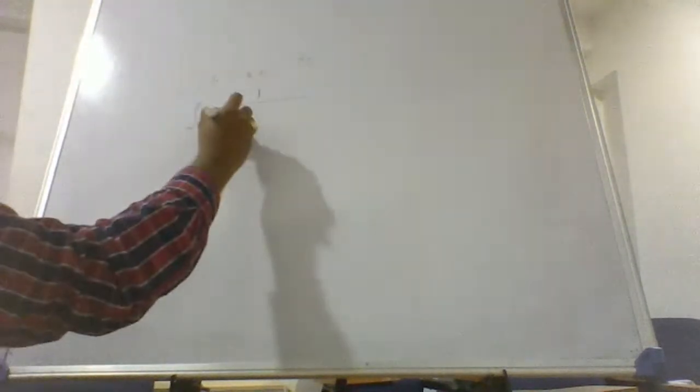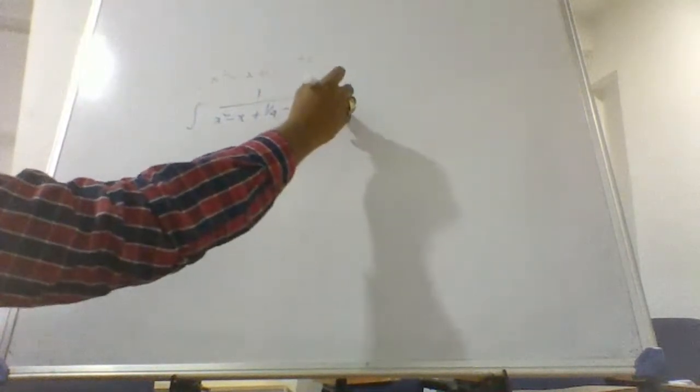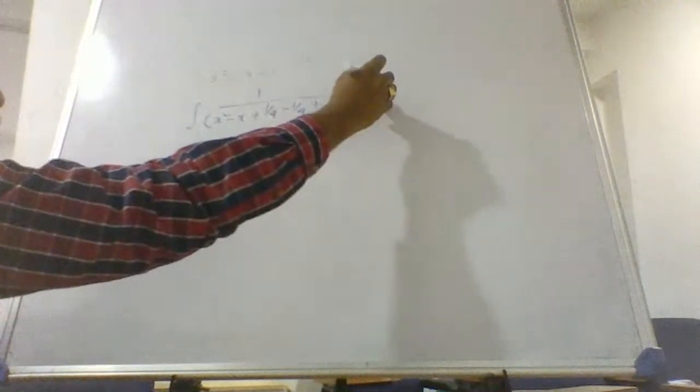So adding and subtracting 1 by 4, I get 1 divided by x square minus x, and I'll add 1 by 4 and subtract 1 by 4, and this is plus 1, dx.